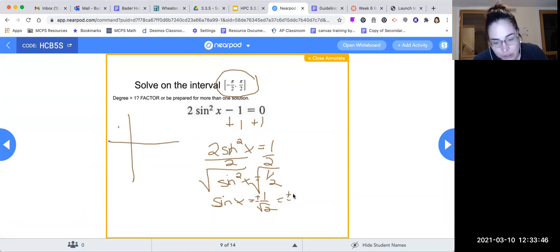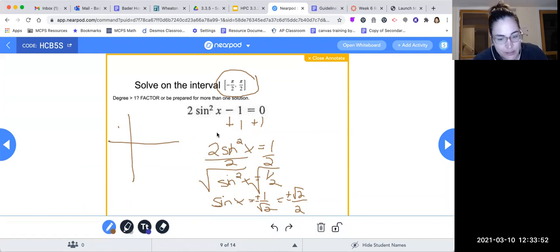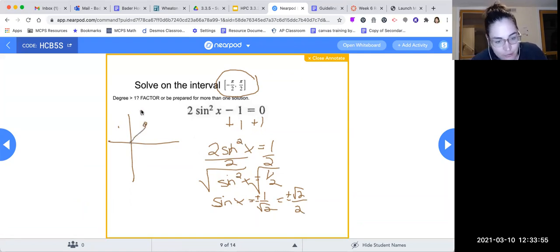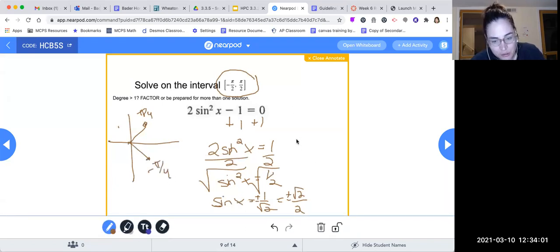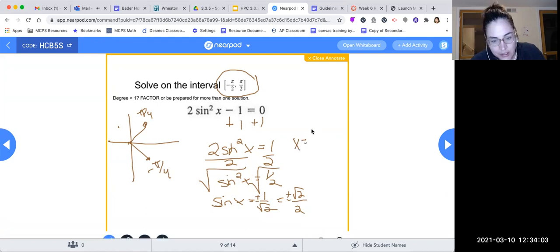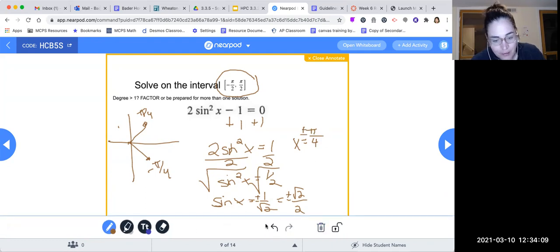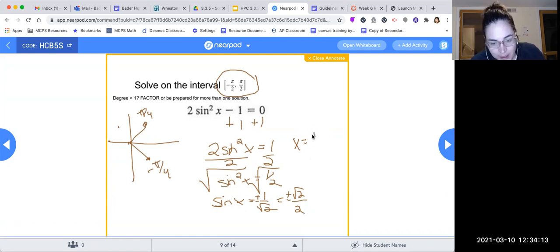Well, 1 over root 2 is the same as root 2 over 2. And so that's going to be at 2 places. It's going to be at pi over 4, and it's going to be at negative pi over 4. So those are going to be our 2 answers here. You could just say plus or minus pi over 4, and that will fit the bill.